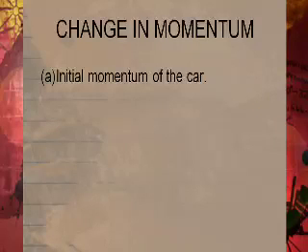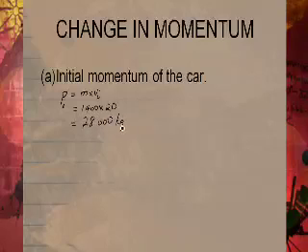Now let's answer the questions. What is the initial momentum of the car? p initial should be equal to mass times v initial, which is 1,400 times 20 meters per second. 1,400 times 20 gives you 28,000 kilograms meters per second.